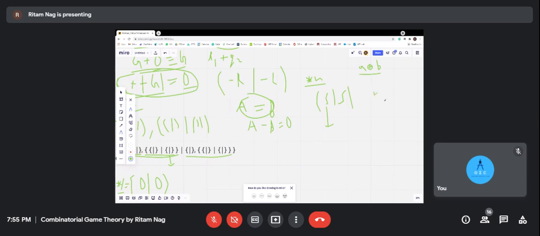Suppose S contains N1, N2, and so on, say Nk. Can you tell me what the game is?